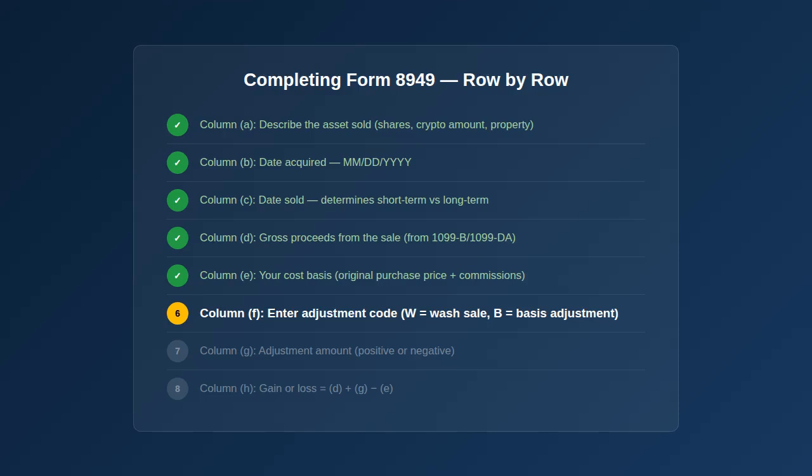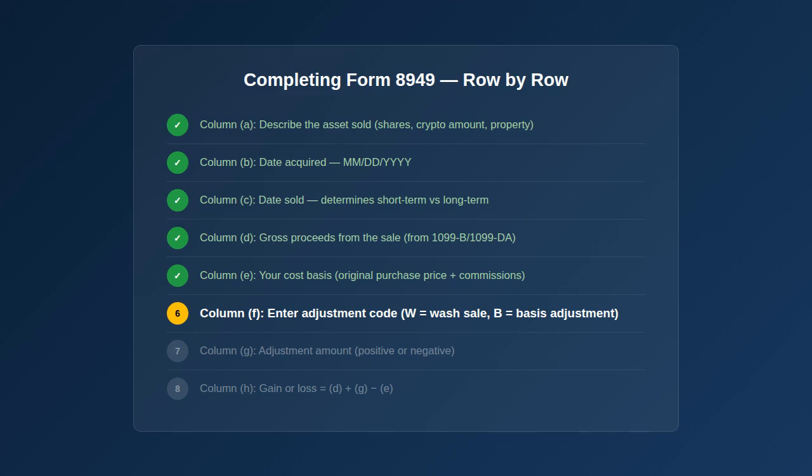Now let's walk through completing the form row by row. In column A, describe the asset, for example, 10 shares of Apple Incorporated or 0.5 Bitcoin. In column B, enter the date you acquired it. In column C, enter the date you sold it. The holding period between these two dates determines whether it goes in Part 1 or Part 2.